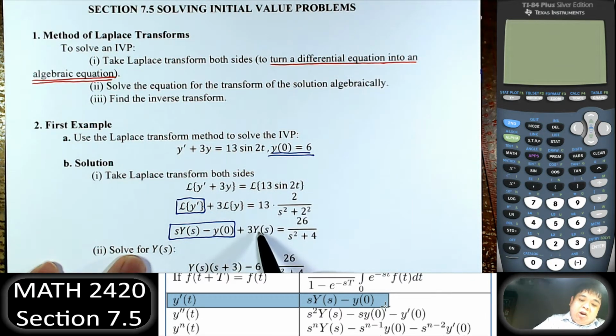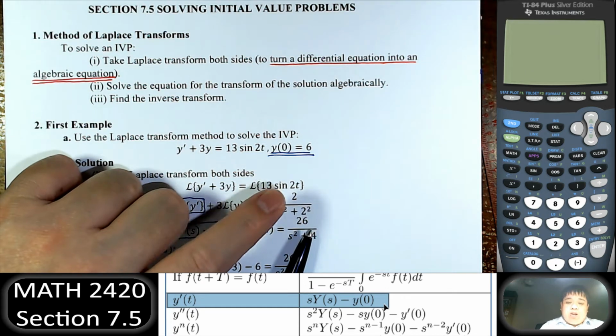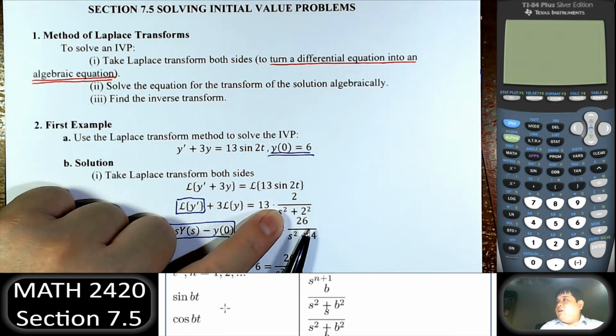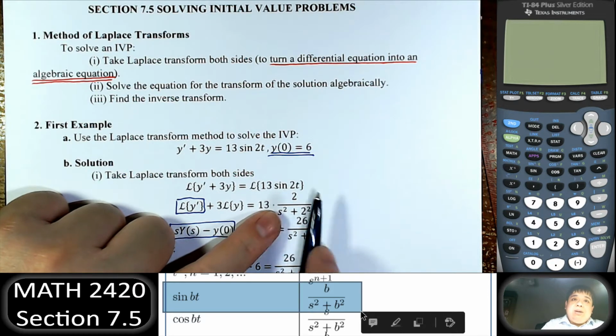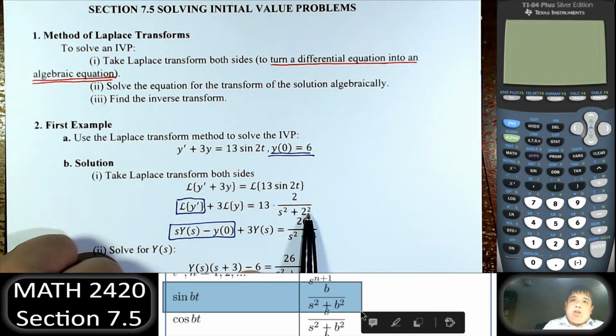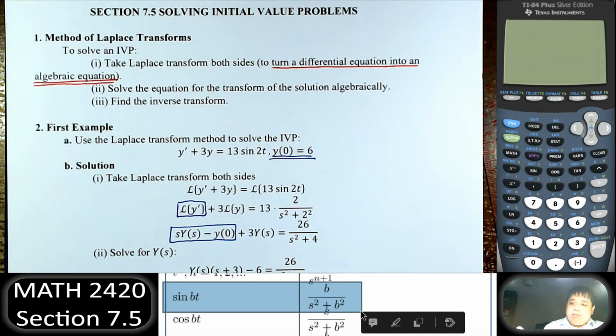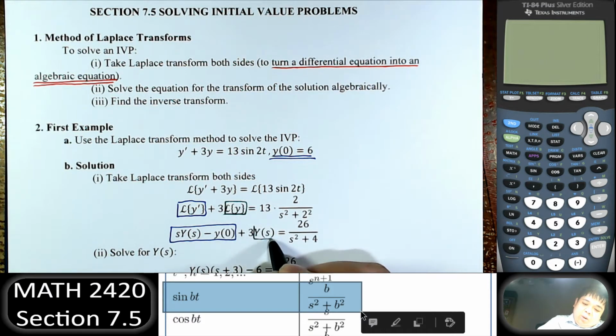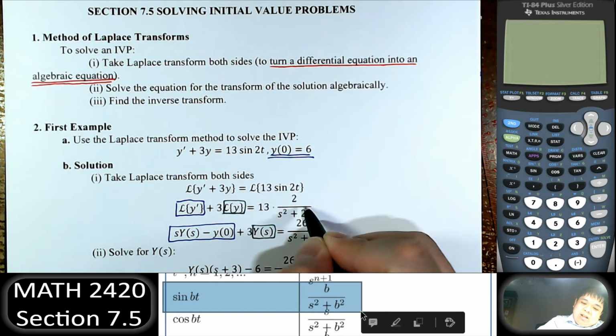And then the transform of the function from t to s, so that's easy. And then the transform of 13 sine of 2t, the transform of sine. Sine is an odd function, and the transform will be an even function, of course. The transform of sine is going to be that. So in this case, b is 2, so we have 2 over s squared plus 2 squared. The transform of the function is just going to be y of s.